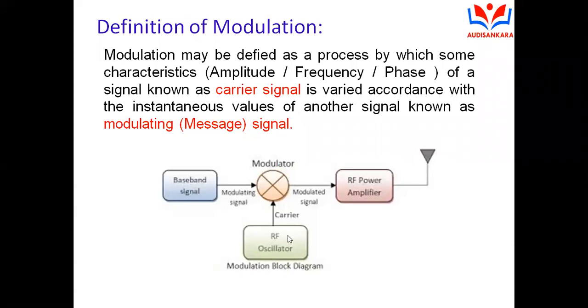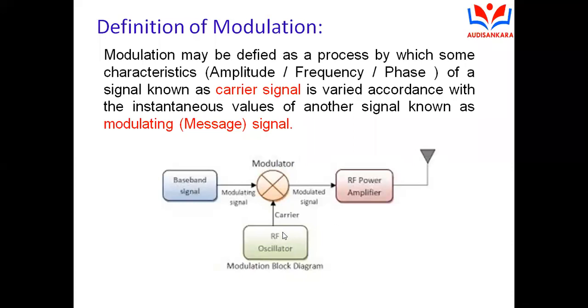Then the other signal is the carrier signal, which is produced by the RF oscillator. Oscillator means it generates a signal without any input.